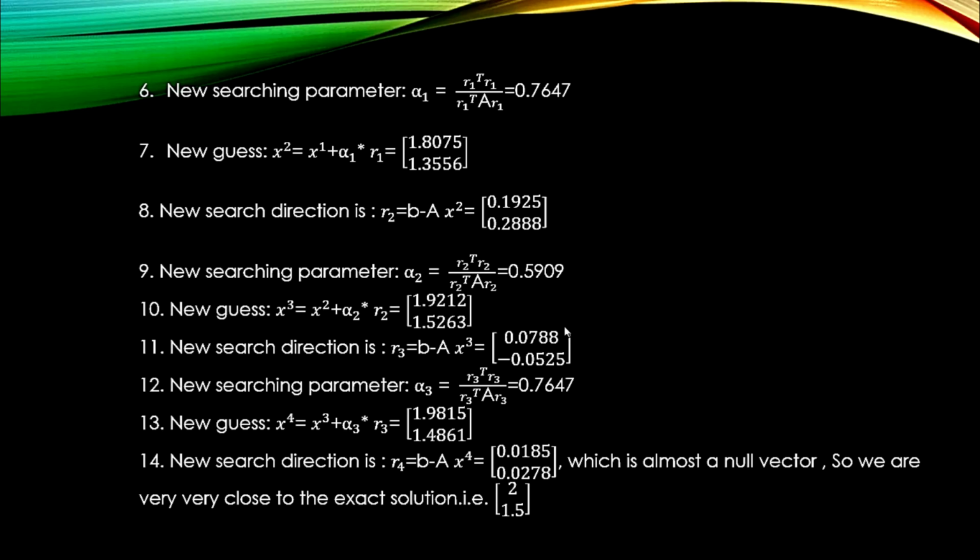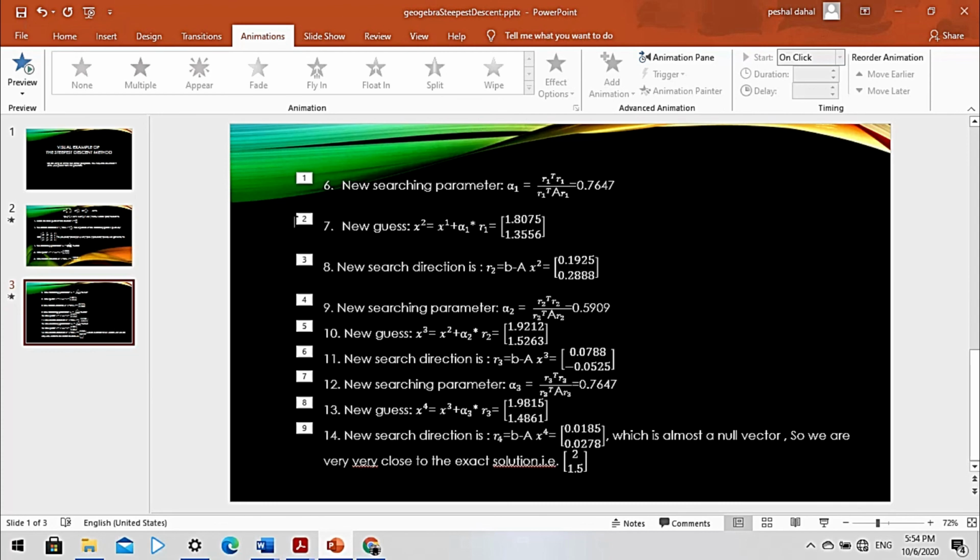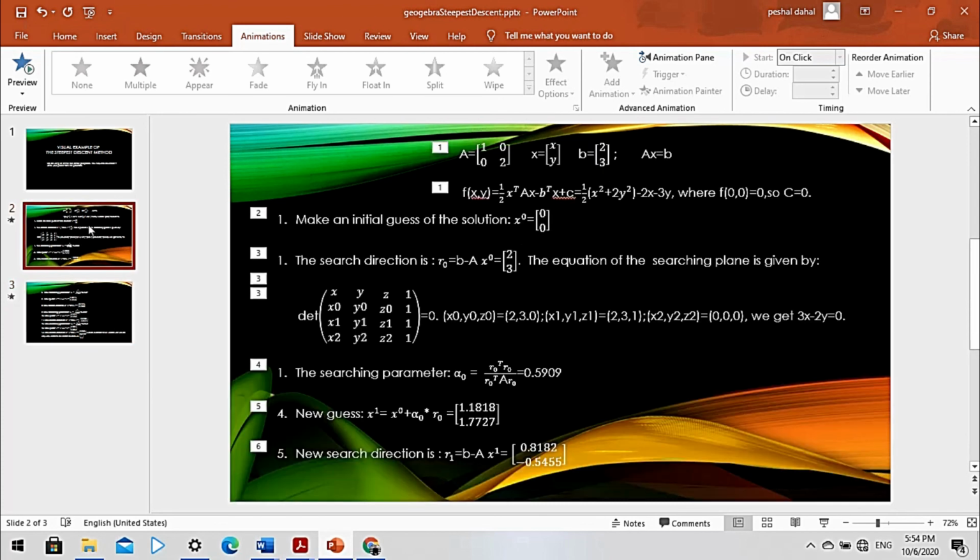Using the conjugate gradient method, you can solve this system of linear equations in just 2 steps, which is very efficient for solving the specific class of systems of linear equations, provided that A is a symmetric and positive definite matrix.